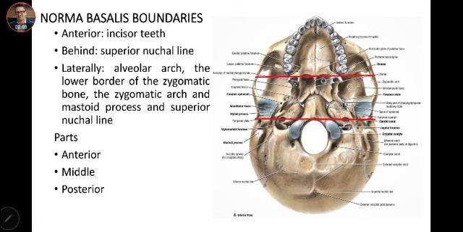Another line is drawn from the anterior part of the foramen magnum, horizontally. The part anterior to the first line, at the posterior aspect of the hard palate, is the anterior part. The part between the two lines is the middle part, and the part posterior to the second line is the posterior part.